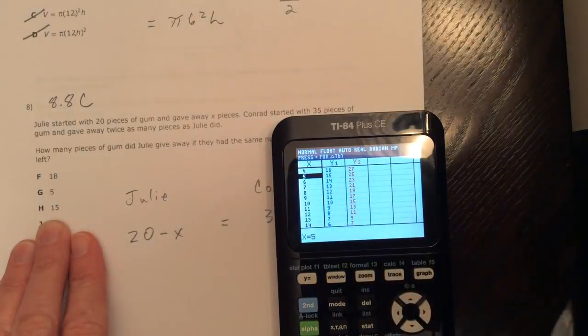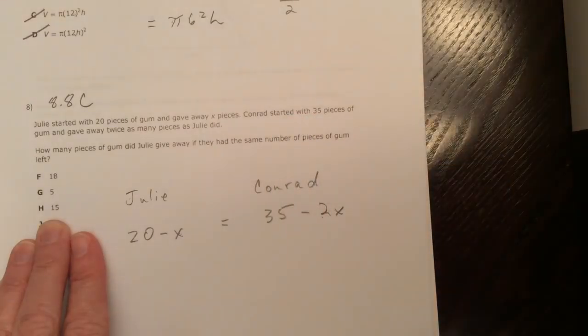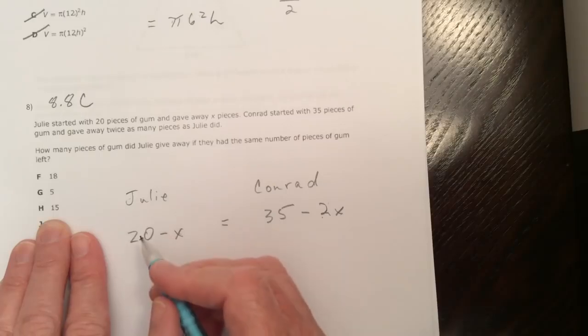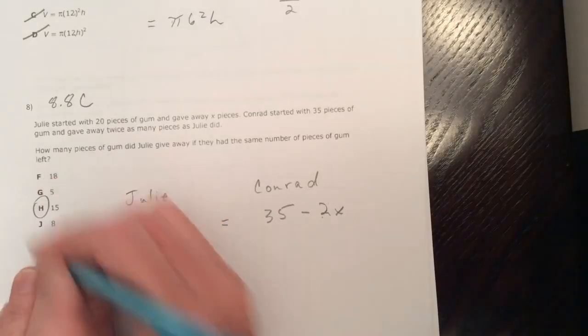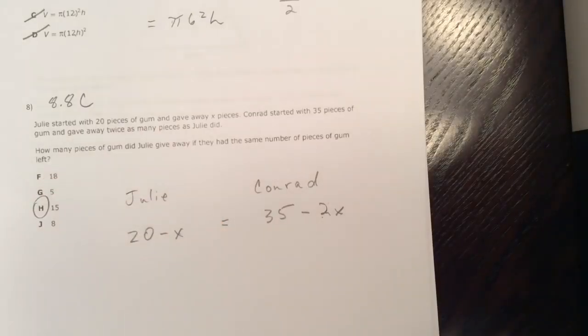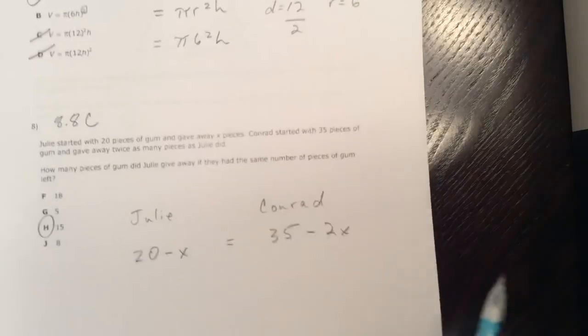No. Let's go to 15. Do these equal? 5 and 5. Yes, that is our answer. Our answer is H, and we are finished. We subtracted x because they're giving away candy.